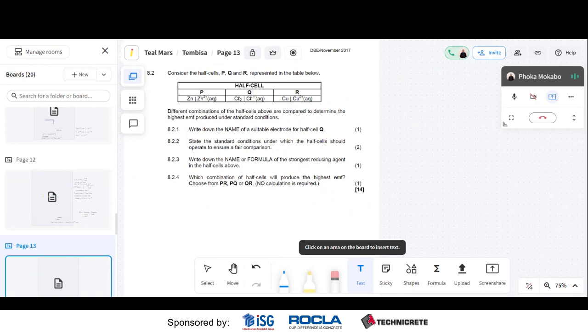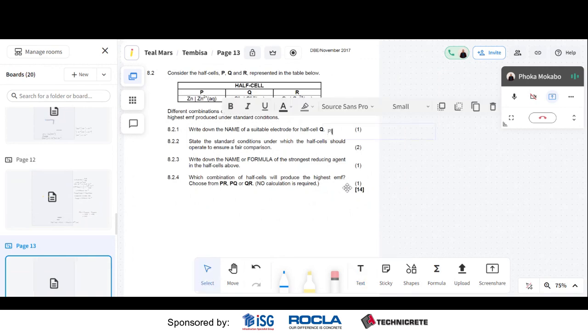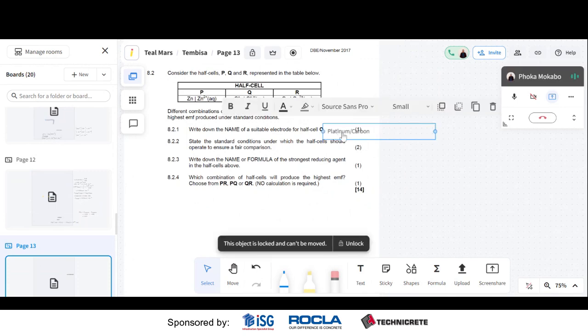Well, in this case, you'd have two options. The two inert electrode options are platinum and carbon. Why platinum and carbon?